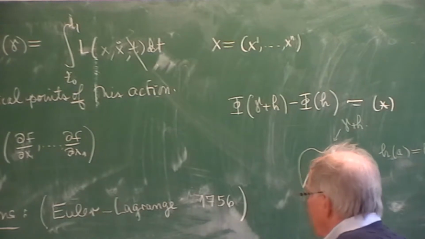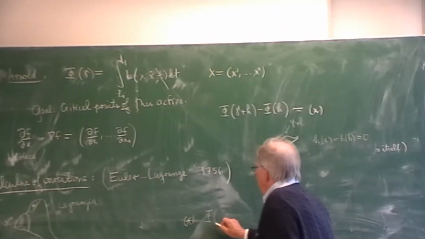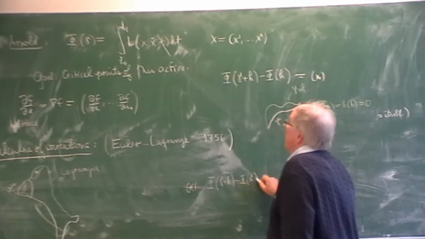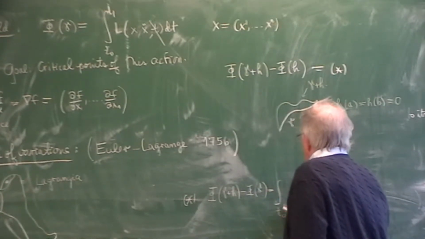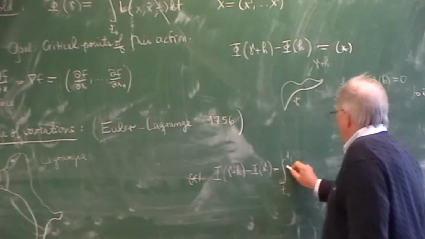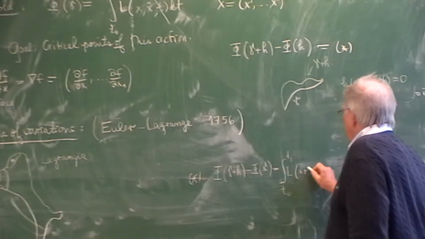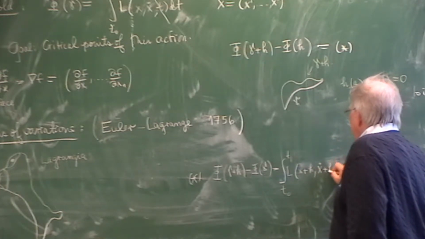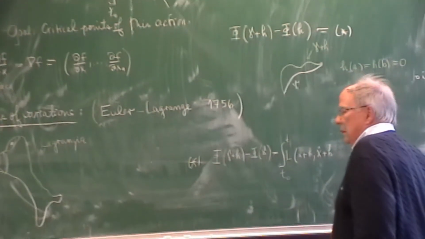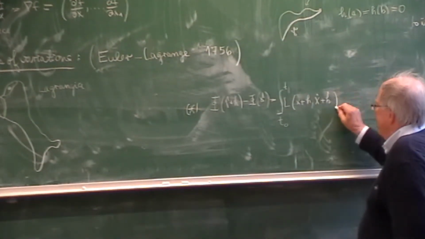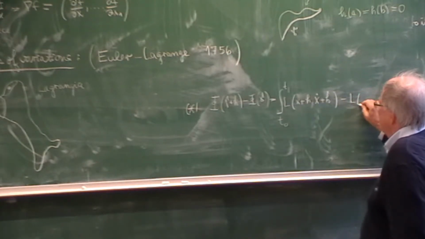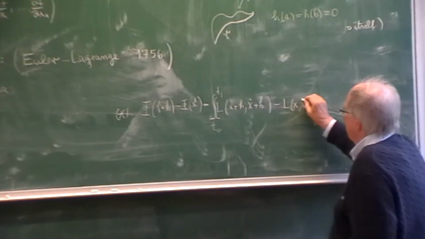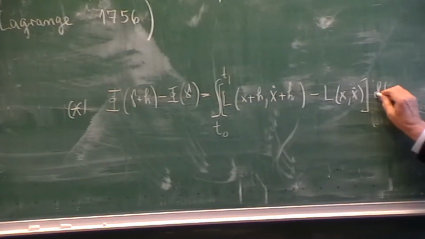So phi of gamma plus h minus phi of gamma equals the integral from t1 to t0 of L of x plus h, x dot plus h dot, minus L of x dot, dt.